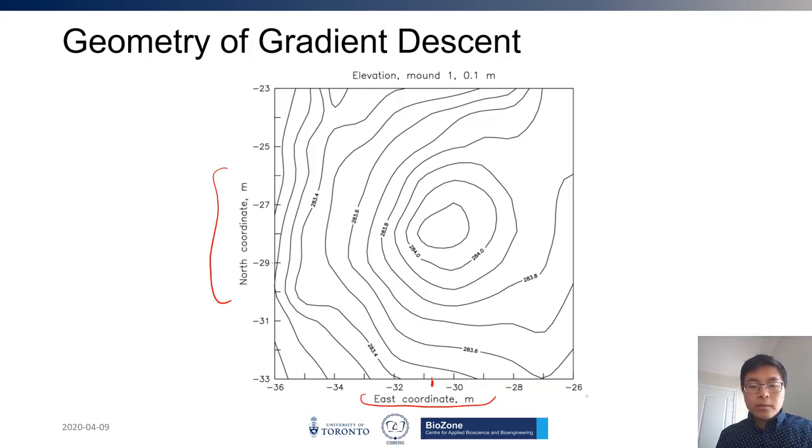Now the goal of machine learning is to pick the optimal parameters such that your model performs the best. I'll talk about what best means eventually. You can think about that as a local or a global optimum, whether that is the maximum or a minimum of a function.